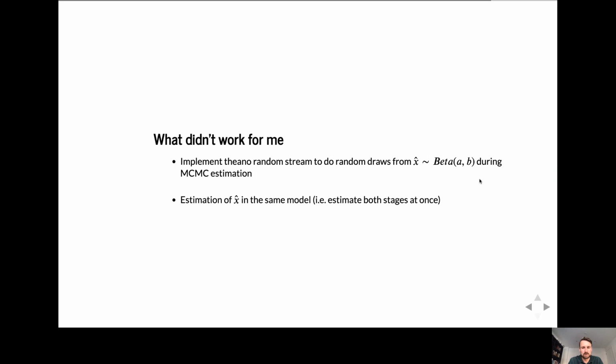Also, an alternative is not using this beta distribution, but doing an estimation of x hat inside the same PyMC3 model, which basically means estimating both stages at once. This didn't really work for me either. MCMC was very slow, and I didn't really achieve convergence of this model.